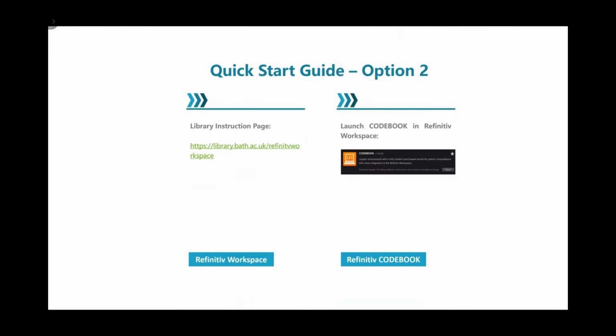Another option, option 2, is provided by Refinitiv, where you do not need to set up an Eikon Data API or set up a Python environment. You can just apply for an account for Refinitiv Workspace, and then you will go to a function in the workspace called CodeBook and use it to collect data.